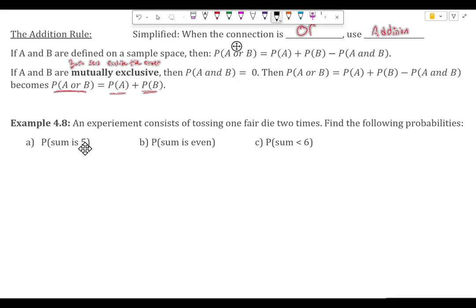So, how can we get a sum of 5 on a fair die? Well, the probability of a sum of 5 would be getting a 1 on the first and a 4 on the second. Let me abbreviate this to the numbers. Or we could get a probability of a 2 on the first and a 3 on the second.